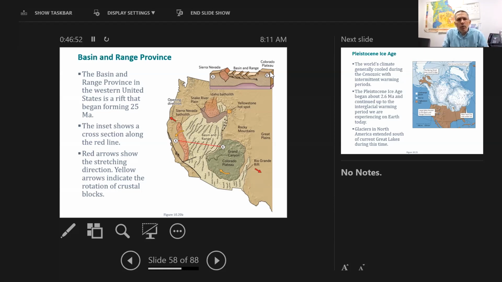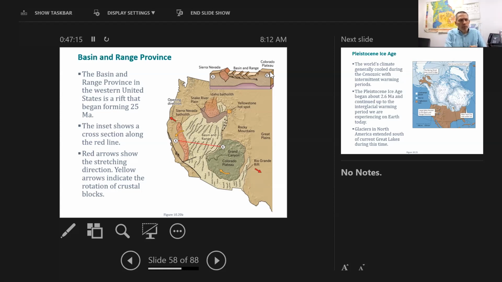Now, in last chapter, we looked at how can you tell which is older in a cross-cutting relationship. In this area, the Colorado Plateau had a river that was discharging a bunch of water. And so as this area was moving up, the river continued to cut across this area. And so it tried to maintain its course.